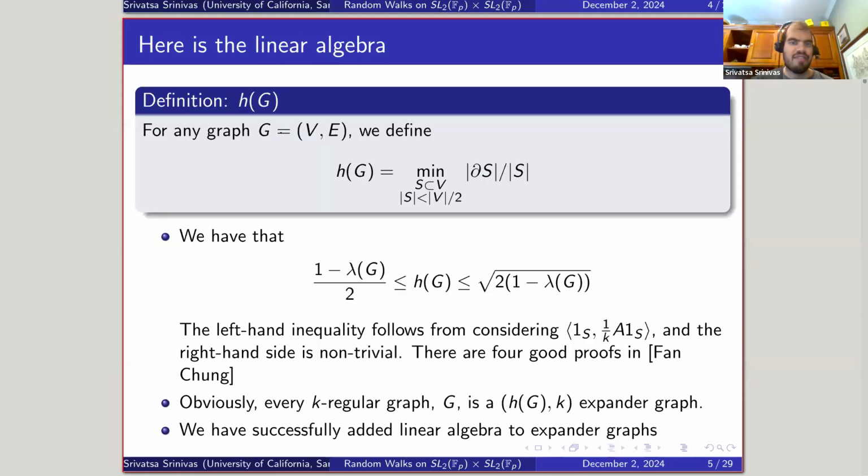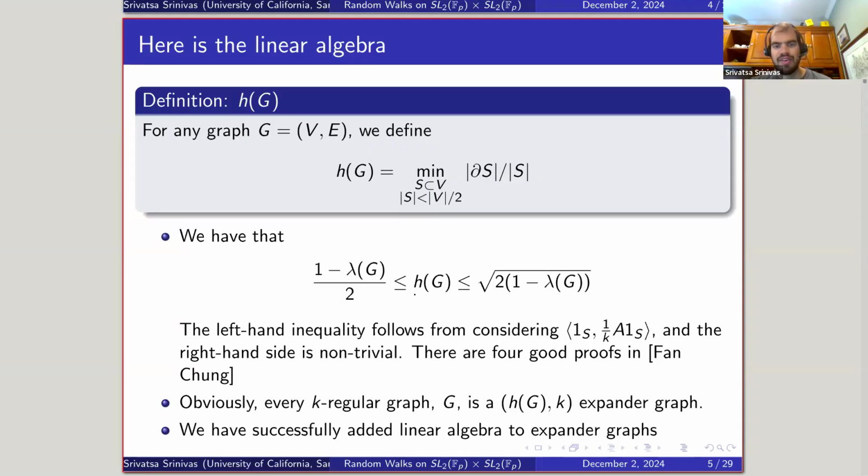Okay. So now for any graph, we can define this Cheeger constant over here, h(G). That is the minimum of the boundary divided by the number of vertices. So how does this, which we saw in our definition of expander, relate to the second highest eigenvalue?